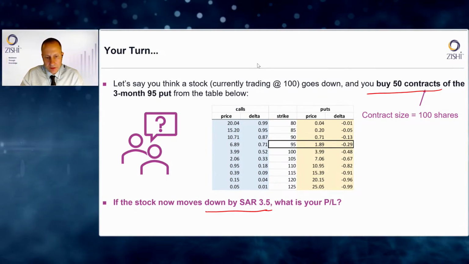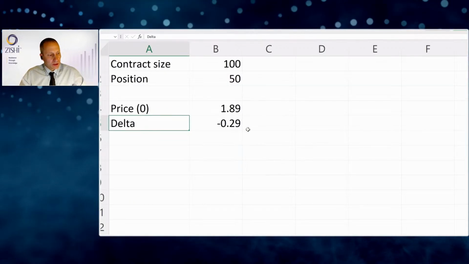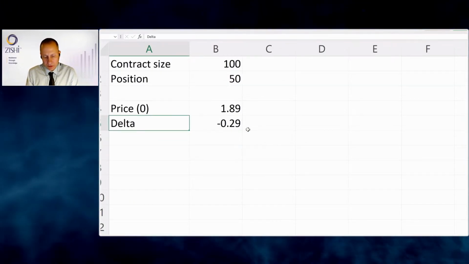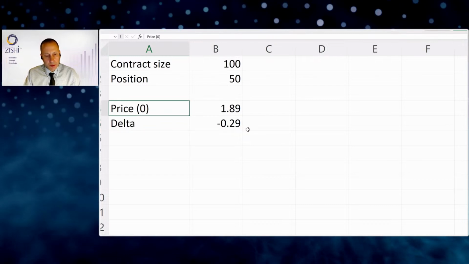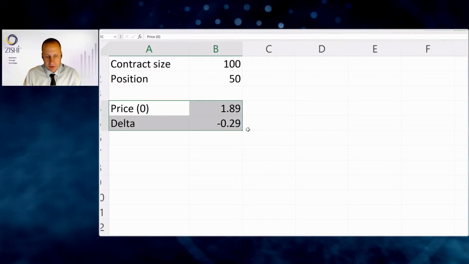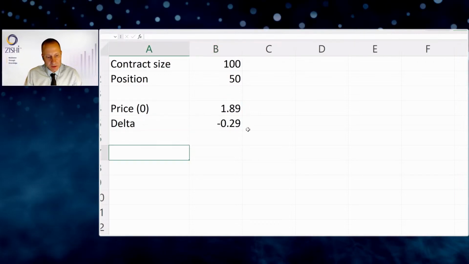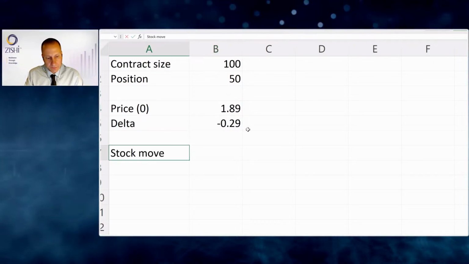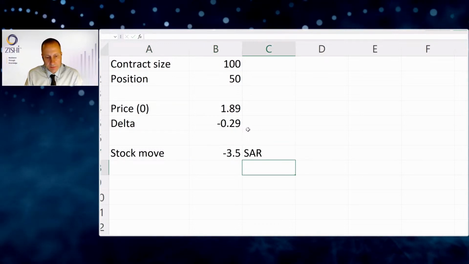Okay, so to do this, I'm just going to switch us to Excel, and we'll have a look through the numbers. So I've got my original price of 1.89. I've got my delta of negative 0.29, and I've got a stock move equals minus 3.5 rial.